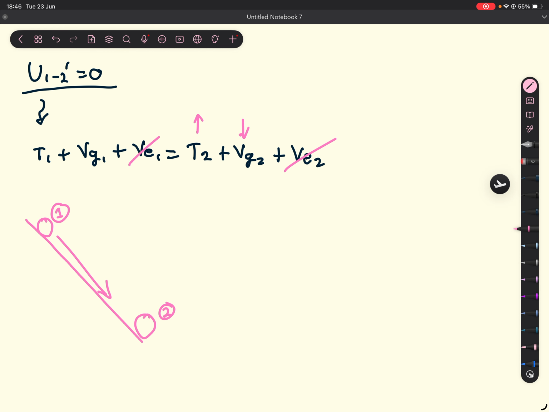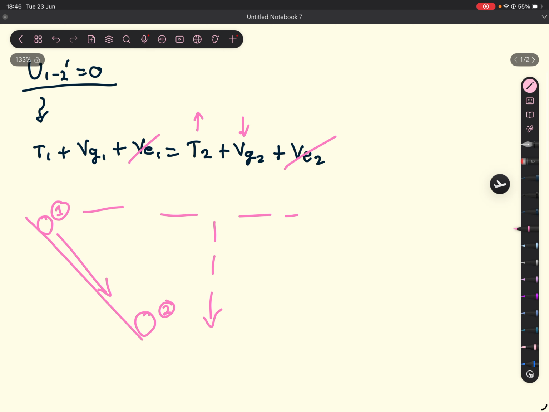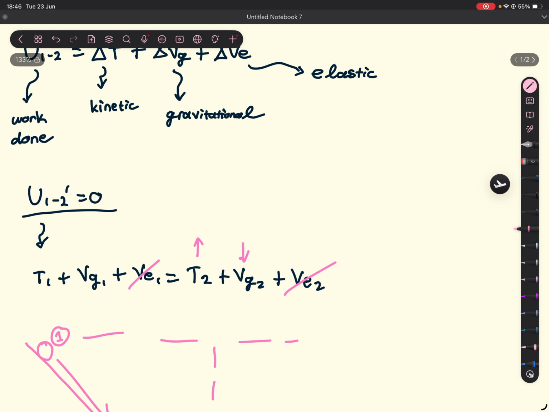So you can see that as the ball goes down, it increases its kinetic energy, but then because its height is decreasing, right, it's losing gravitational potential energy. So this equation just basically tells you how energy is transferred into different forms, right? But now if you had a force applied, you have an external factor increasing the amount of kinetic energy that you have at a faster rate.